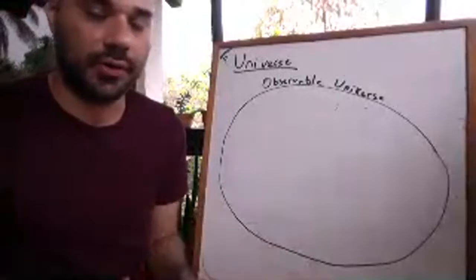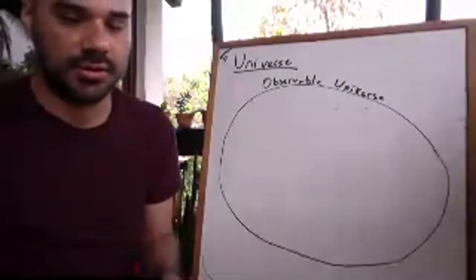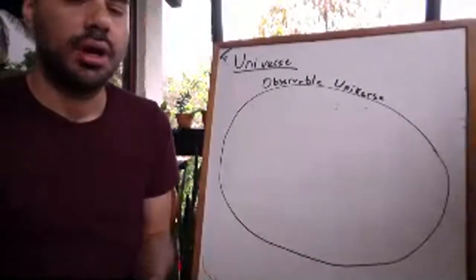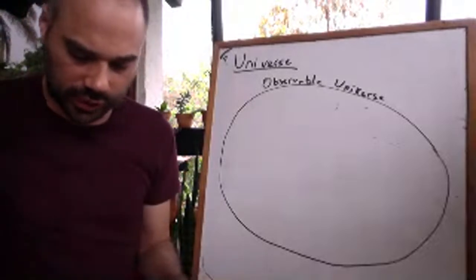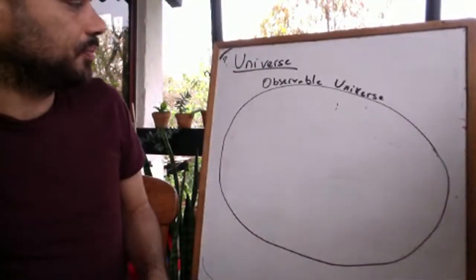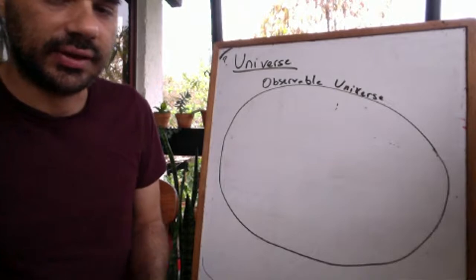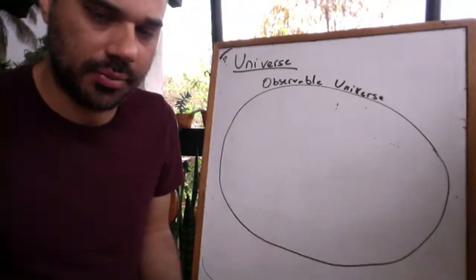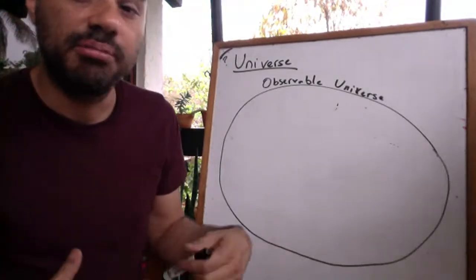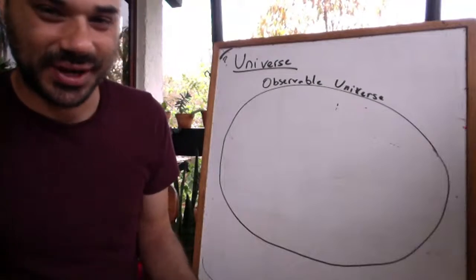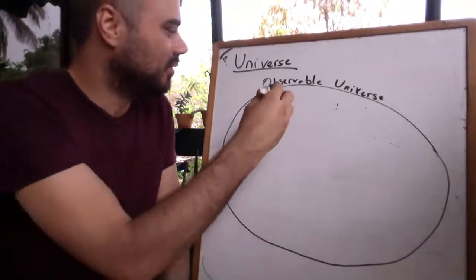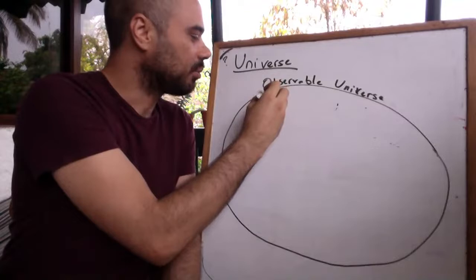The observable universe contains millions of galaxies. Okay. So, what is a galaxy? Galaxies are groups of stars. Okay? Of how many stars? Of millions of stars. Okay? So, I'm going to make some galaxies over here.